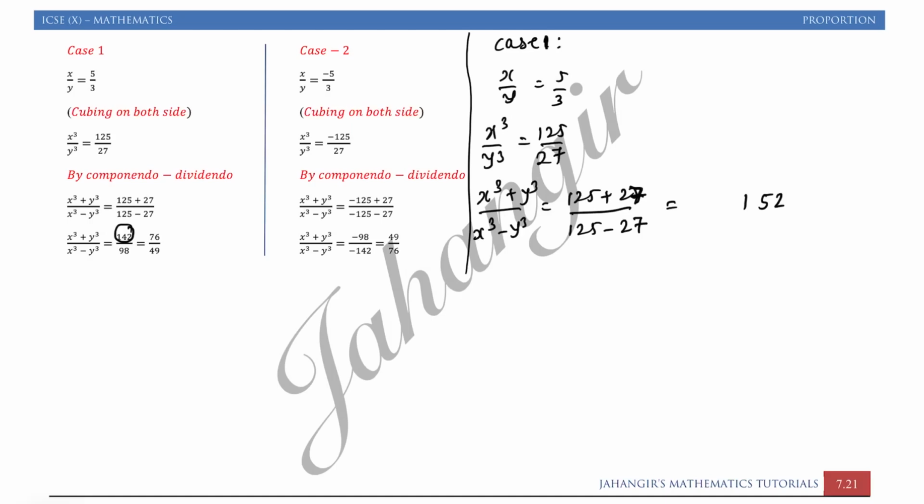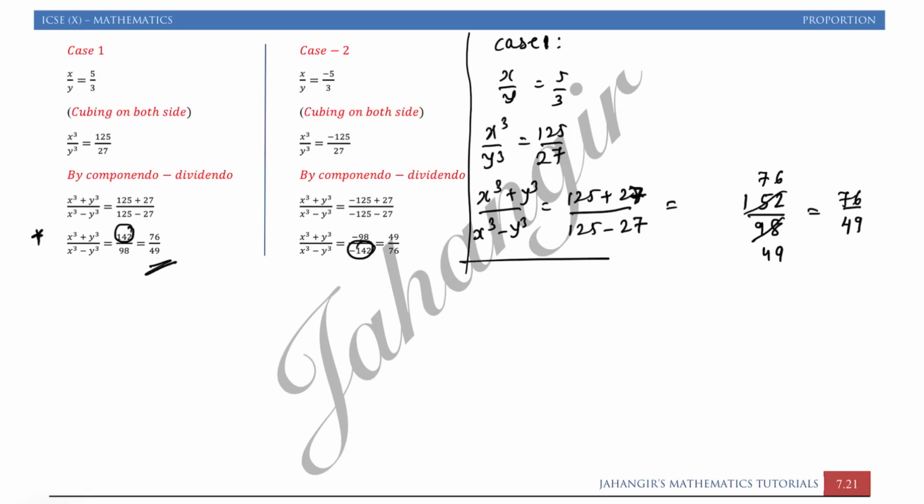There is some error here. 125 minus 27 is 98. So 152 upon 98, cancelling this, we get 76 upon 49. Cancellation is correct, it was a calculation error. So we got the answer. Here also there is a change.